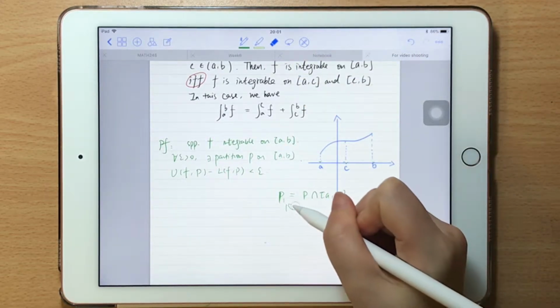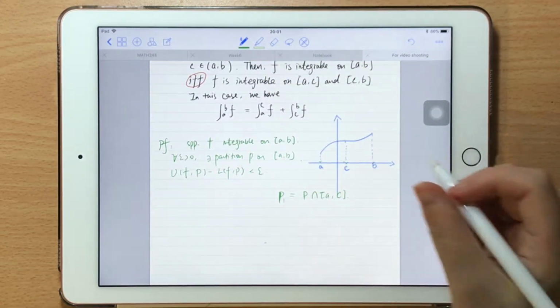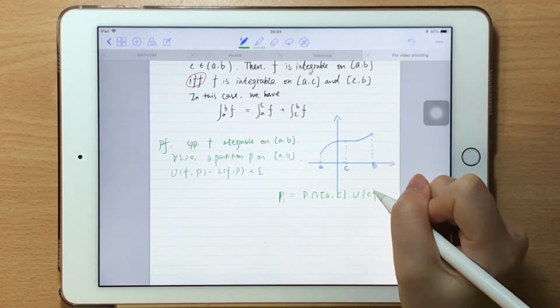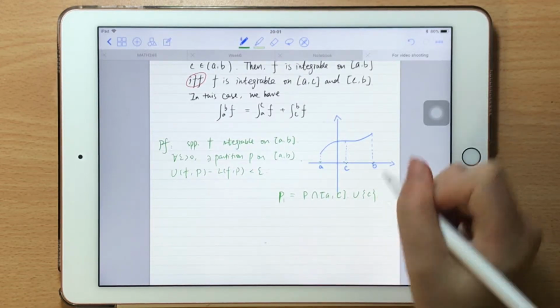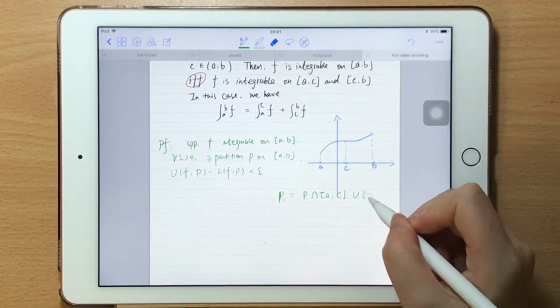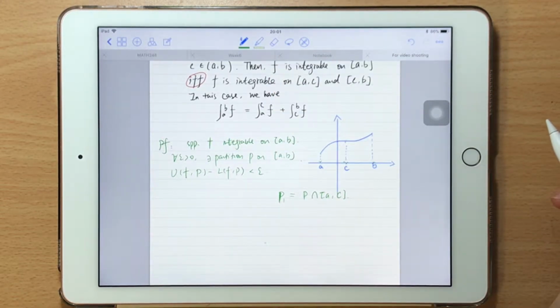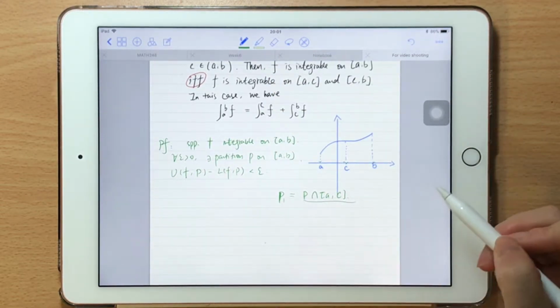So maybe you want to union a single point c, but here we don't directly take the union of this part and the single point c.